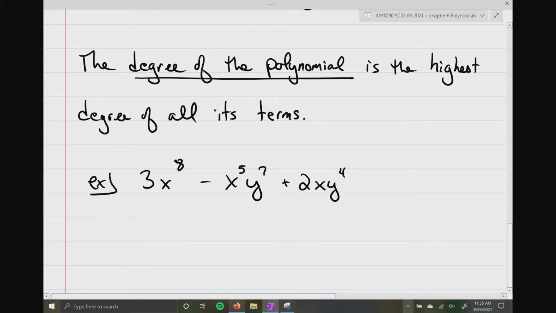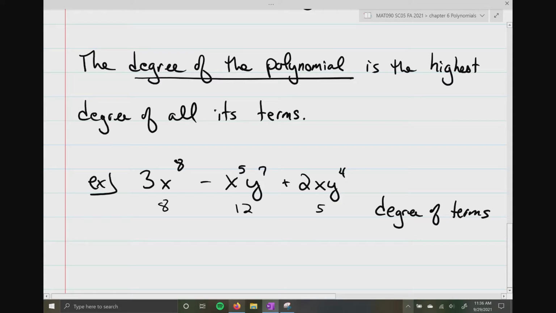All right, so here's an example here. 3 times x to the 8th, minus x to the 5th times y to the 7th, plus 2 times x, y to the 4th. Now, if I was looking at just the degree of the terms, each term I'm going to write its degree underneath. So the first one is going to be an 8, the second one will be a 12, and the third one will be a 5.